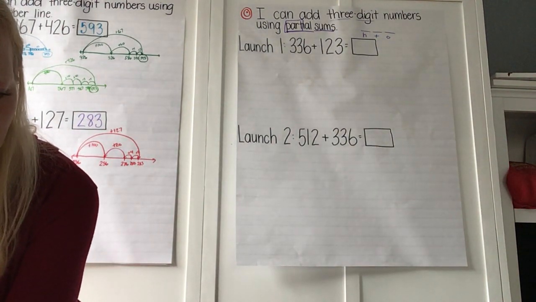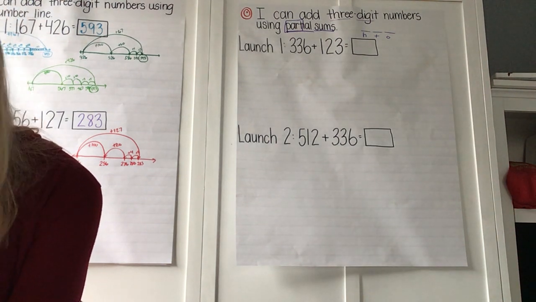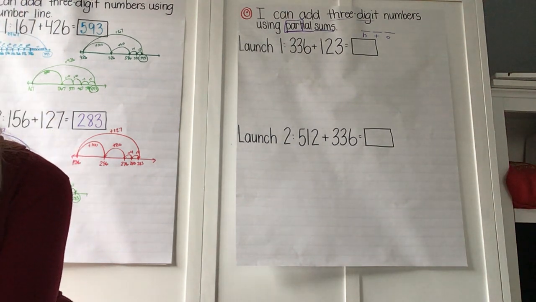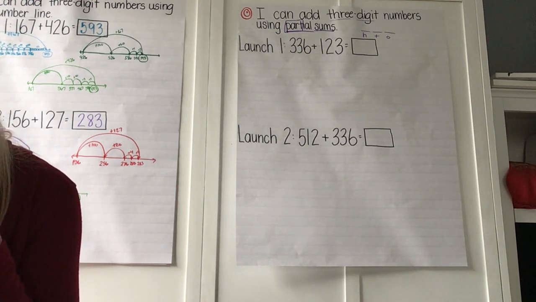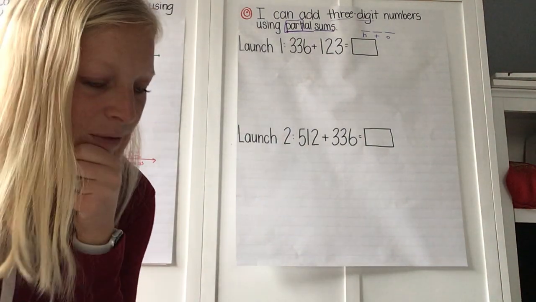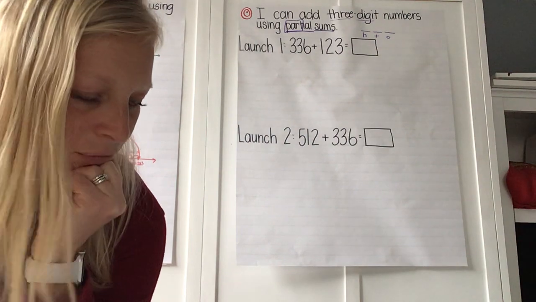How did you break apart your 3-digit number? What was one of those parts? Your hundreds. What about your other part? Tens. And then your ones. So what did you add together first? What did you find when you added your ones together? What did you do when you added your tens together? How many tens did you have?